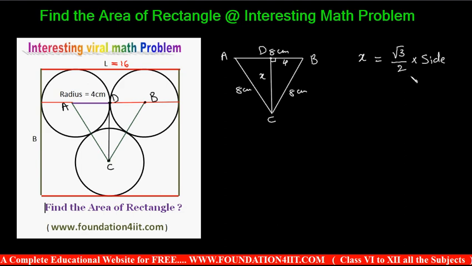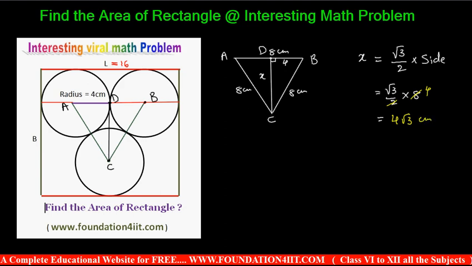Or else the direct formula: root 3 by 2 into side, where the side is 8 centimeters. We can cancel to get 4. So 4 root 3 centimeters is the value of x.